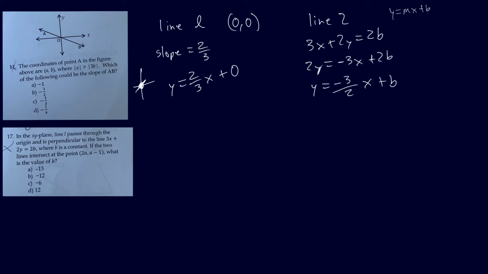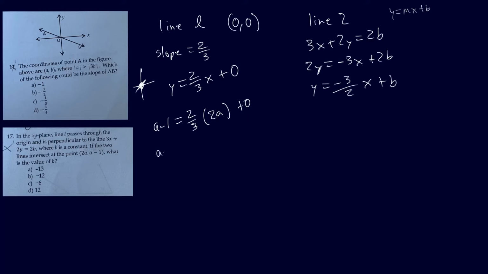So a minus 1 is the y value, so a minus 1 equals 2/3 times 2a plus 0. The plus 0 doesn't need to be included, but it does represent the b part, so we could get rid of it, but I'll just eliminate it in the next step. It doesn't really matter.